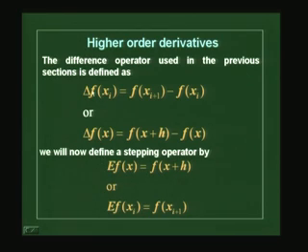Delta acting on f is f of xi plus 1 minus f of xi, and e acting on f of xi, for equally spaced data, is equal to f of xi plus 1.